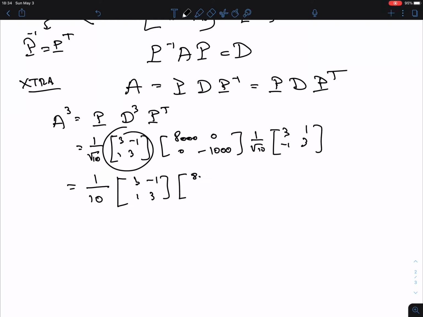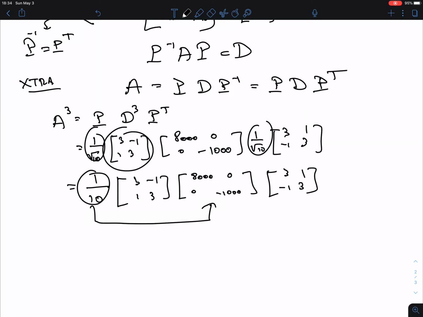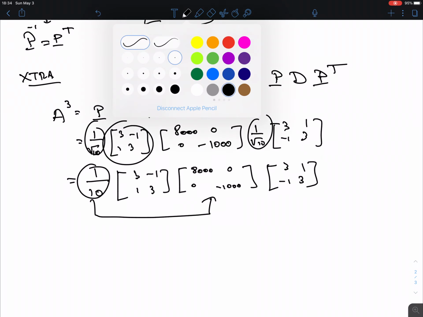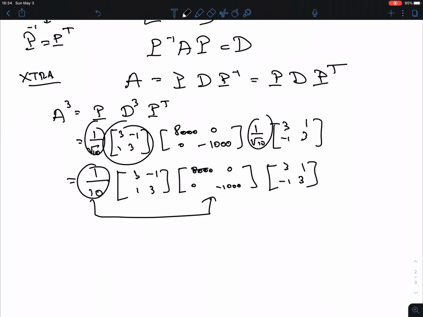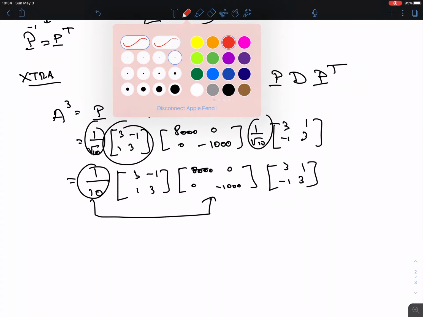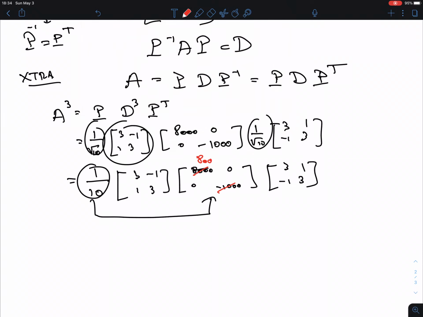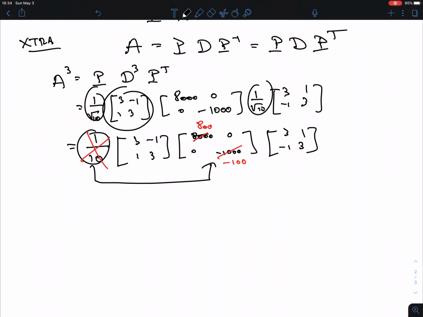This is what I had. By bringing these two guys in front, it becomes 1/10. And now I'm bringing this guy in so that I divide everything by 10. So this becomes 800 and this becomes minus 100, and then this is gone. I'm doing this so that the calculation is slightly easier. I don't have to deal with fractions anymore.